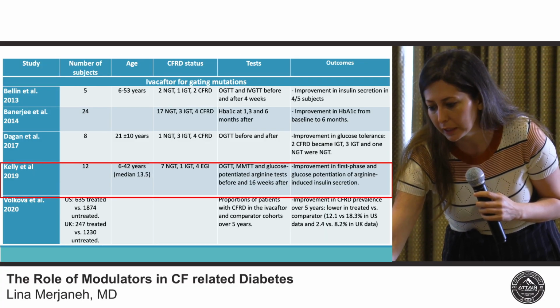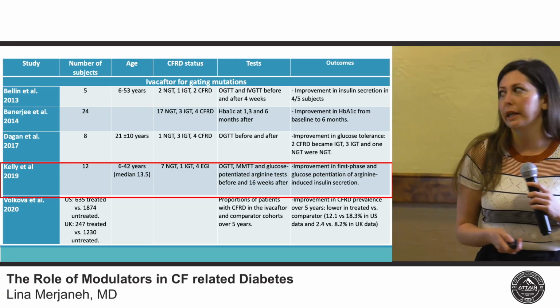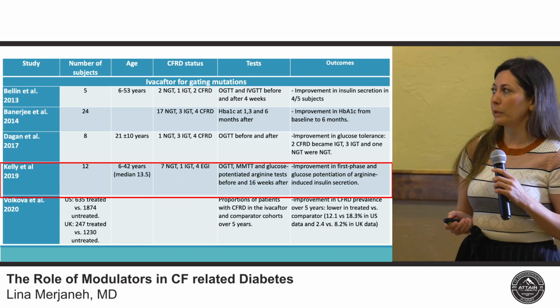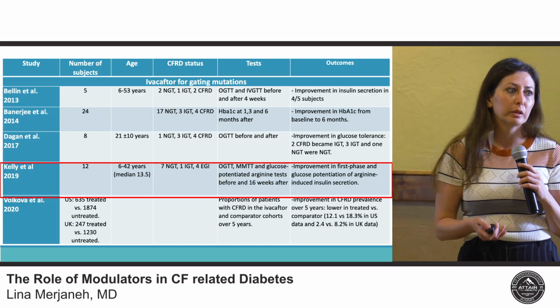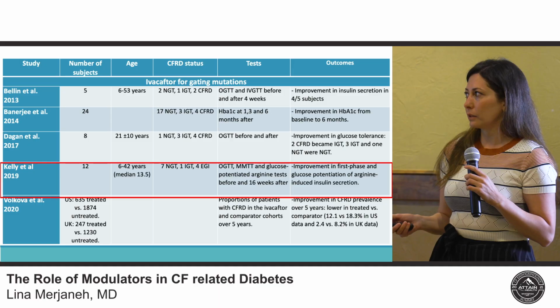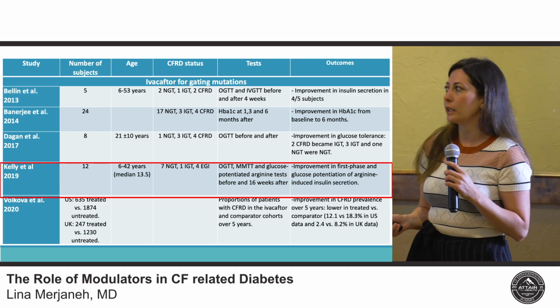In terms of the existing studies on modulators and diabetes, starting with ivacaftor for gating mutations, I was able to find 5 studies in the literature that looked at this question. As you can see, most of these studies had a small number of patients, except the Volkova study, which is a registry study.